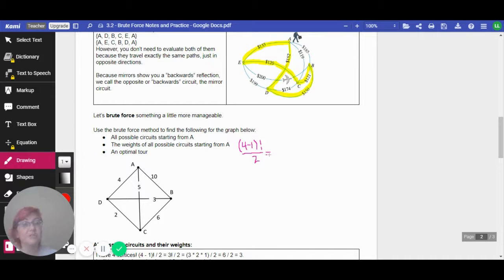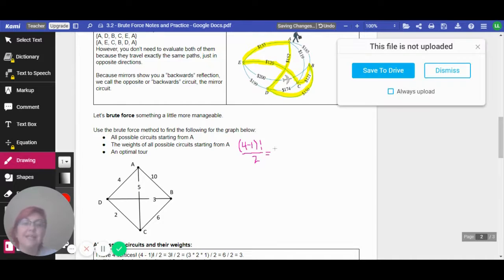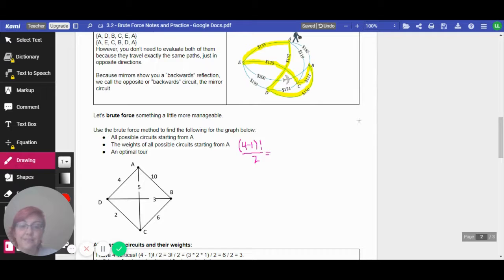Now 4 minus 1 is 3. 3 times 2 times 1 is 6. So I'm just going to put that down here. I've got 3 factorial divided by 2, and that is going to equal 6 divided by 2. So really, I've only got to check 3 unique circuits.